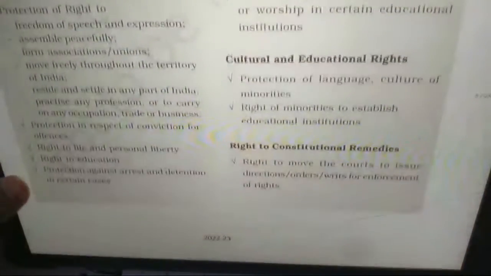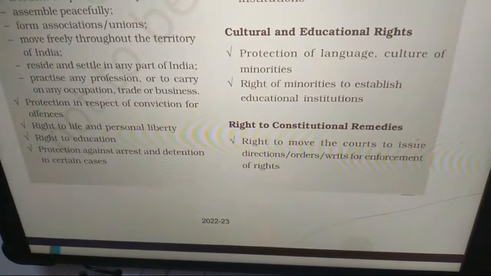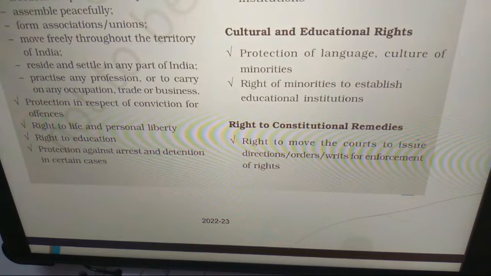Cultural and educational rights, protection of language, culture of minorities, right of minorities to establish educational institutions, right to constitutional remedies, right to move the courts to issue directions or orders, writs for enforcement of rights.